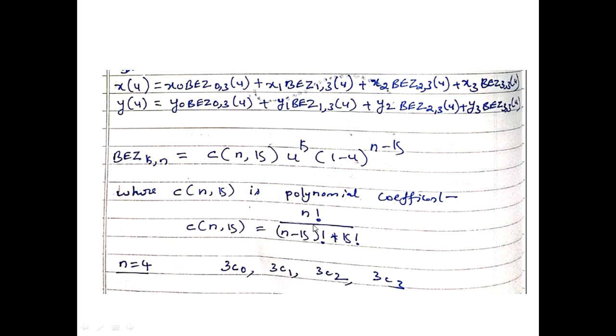Then I will get the binomial coefficient equation, that is n factorial divided by n minus k factorial into k factorial. And here our n value is 3. In our program we are calculating 3C0, k value 0, 3C1, k value 1, 3C2, k value 2, 3C3, k value 3.